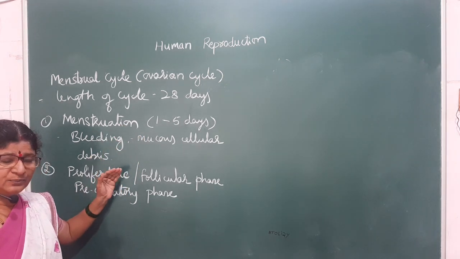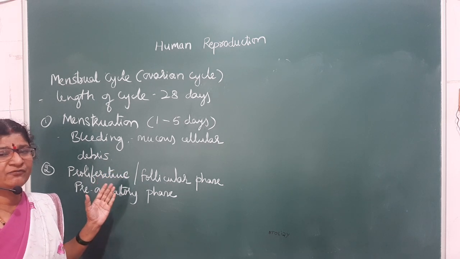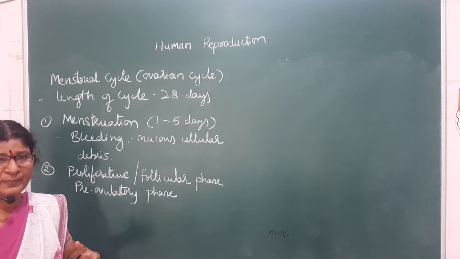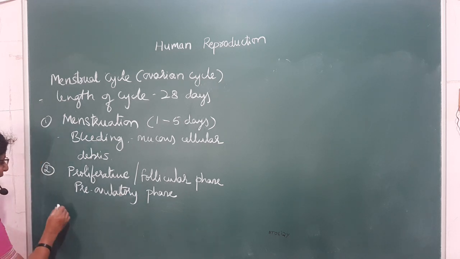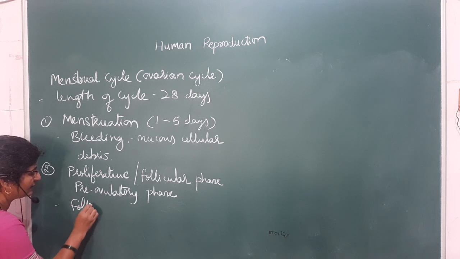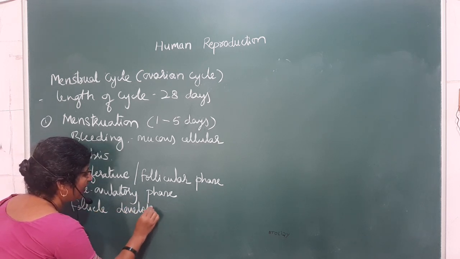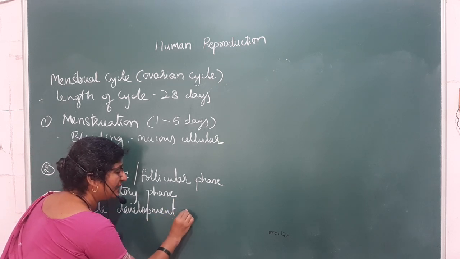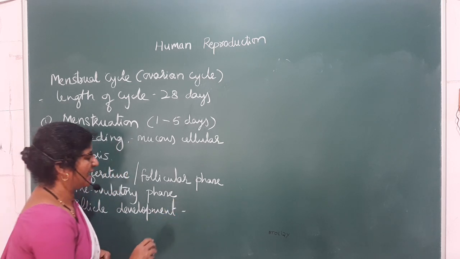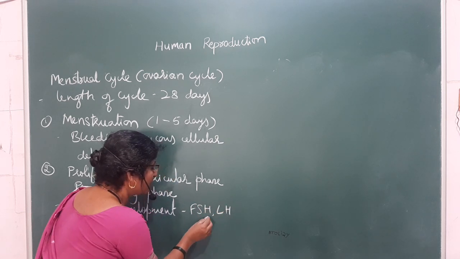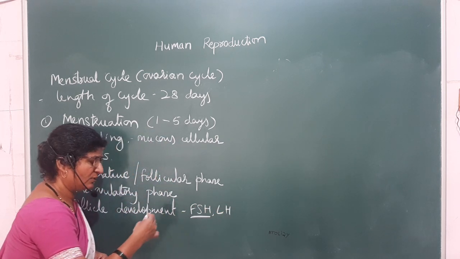Afterwards, once again the follicles which are present in the ovary will start developing. Follicle development is seen under the influence of the pituitary hormones, that is FSH and LH. Here the FSH level will be slowly increasing.